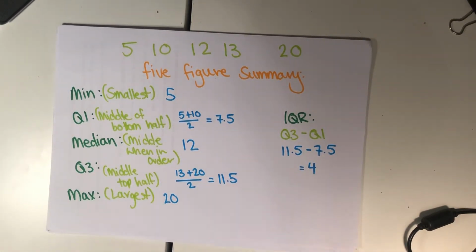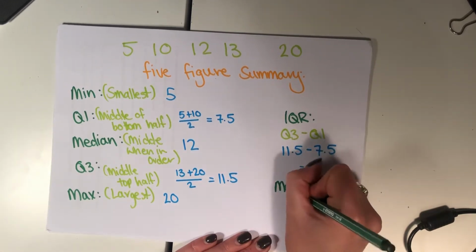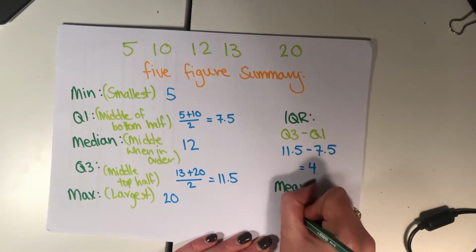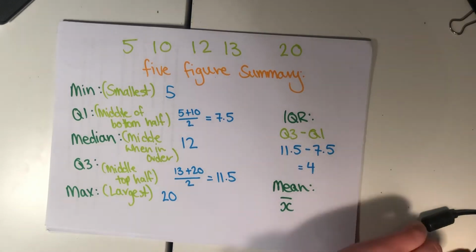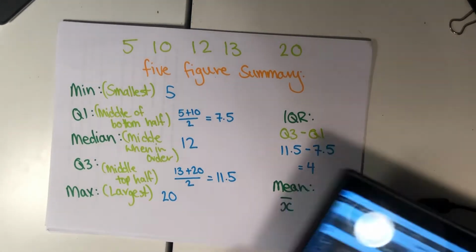The other value you may need to find is the mean. On your calculator, that is the X with the dash on top of it. And I'm going to show you how to find these values on your calculator just to make sure everything's working and nice and quick for you to double check.